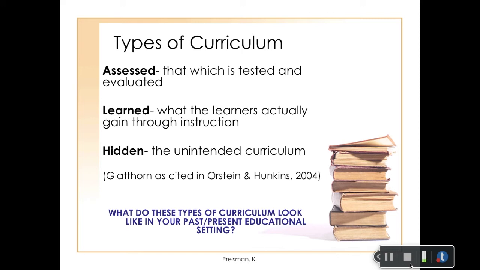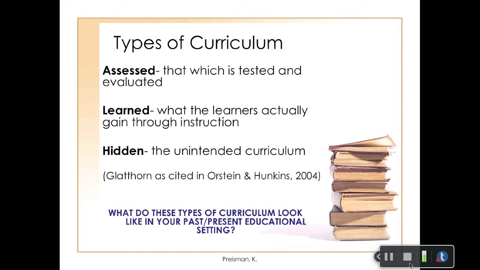And then one of my favorite types of curriculum is the hidden curriculum. This is that unintended curriculum, the messages that we send based on our behavior, based on our treatment of students, those that we are facilitating, those that are attending any kind of professional development or development seminars or things like that we would hold for people.